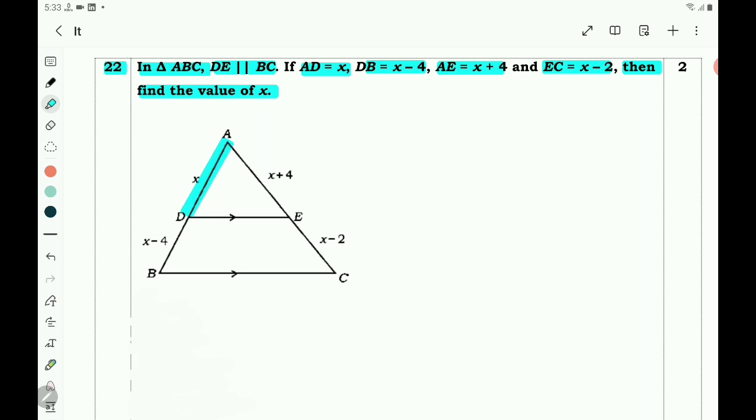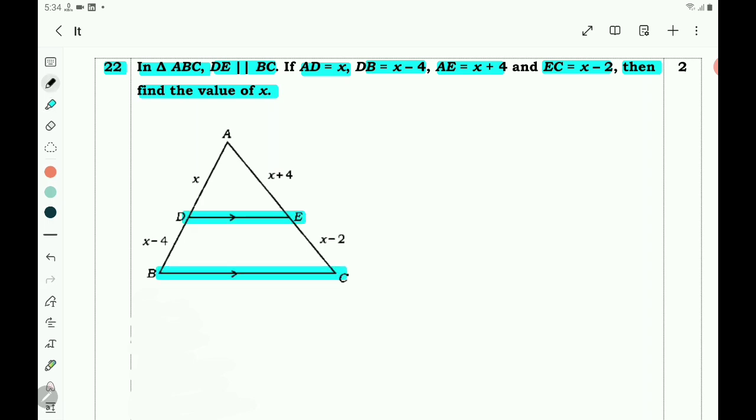AD equals x and DB equals x minus 4. AE equals x plus 4 and EC equals x minus 2. And also it is given that DE parallel to BC.